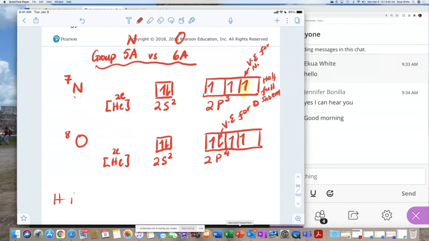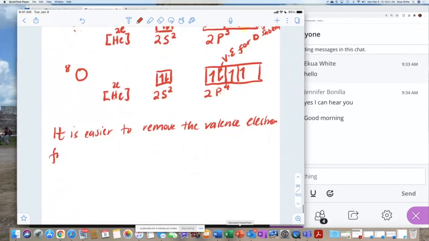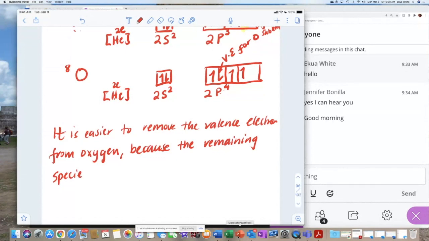So it is easier to remove the valence electron from oxygen because the remaining species, a general term if you don't want to say ion or whatever, you just use the term species, has a half filled orbital.